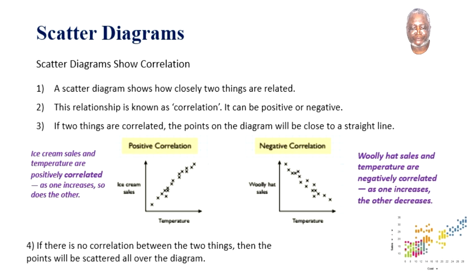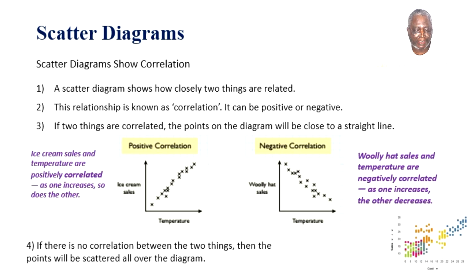Positive correlation goes upward, and negative correlation moves downward. Let's look at ice cream and the temperature. Ice cream sales and temperature are positively correlated.